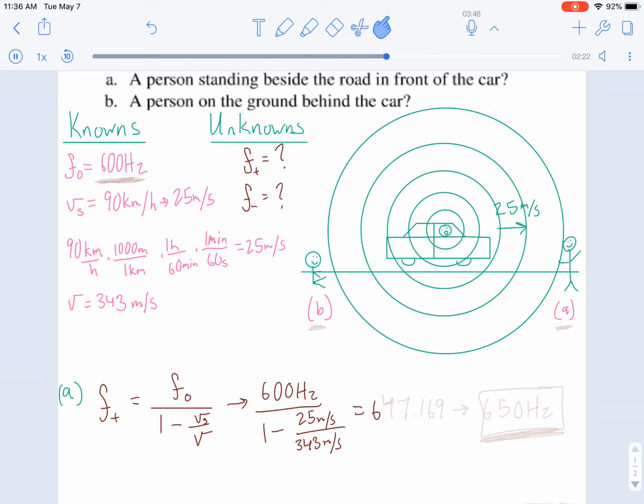Which equals 647.169, which we just round up to 650 hertz.